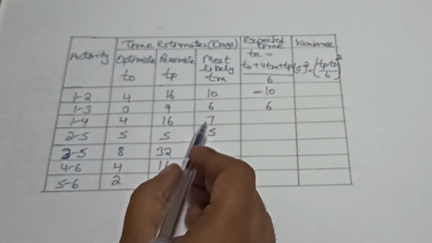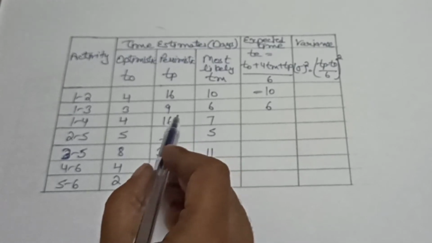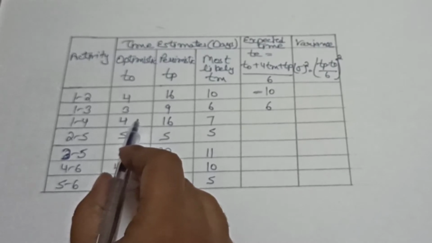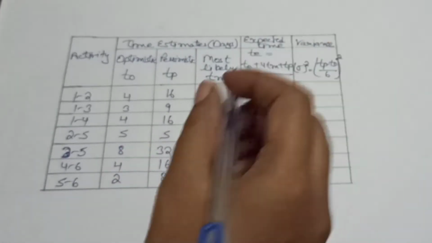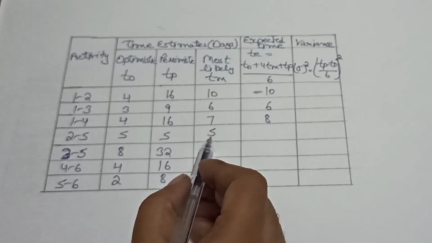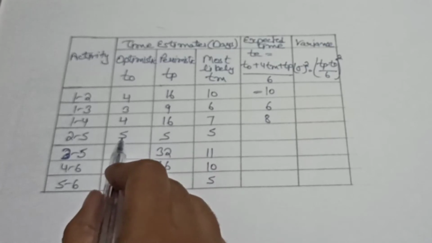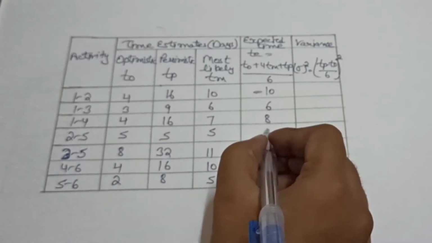For this third column, 7 into 4 is equal to 28, plus 16 plus 4 is equal to 48, divided by 6 is equal to 8. For this fourth column, 5 into 4 is equal to 20, plus 5 plus 5 is equal to 30. 30 divided by 6 is equal to 5.